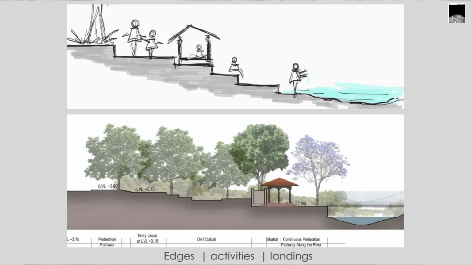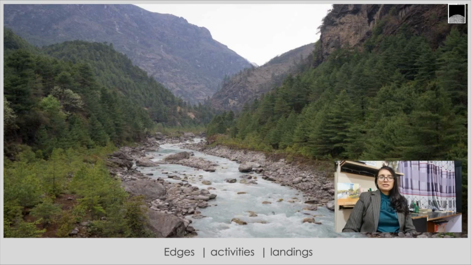The design of edges, steps with plinth, landings create a space for different cultural activities and also provide an uninterrupted view of the river at upper level. And the Nepalese river and landscapes with the layers of boulders and vegetation is a must-go for riparian edges of the riverfront design.